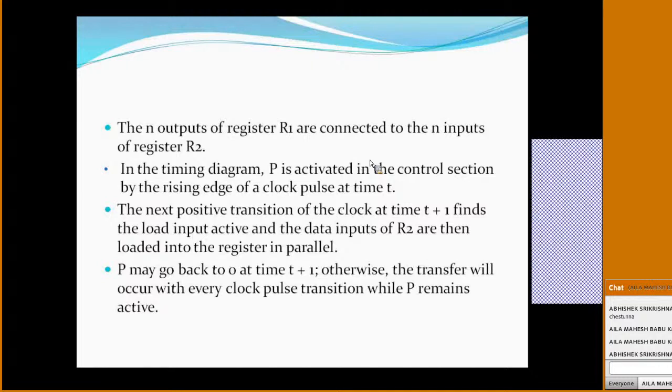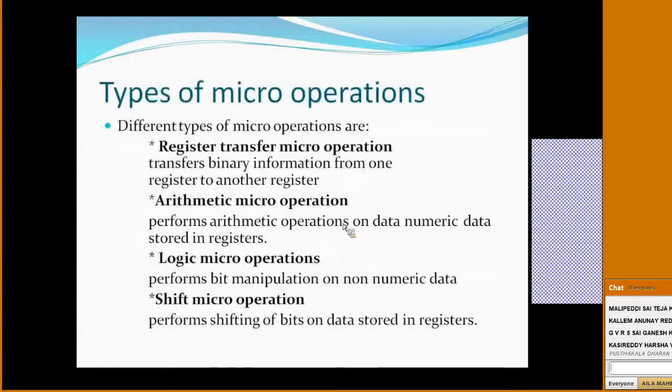So register transfer micro operation means it transfers the content from one register to another.